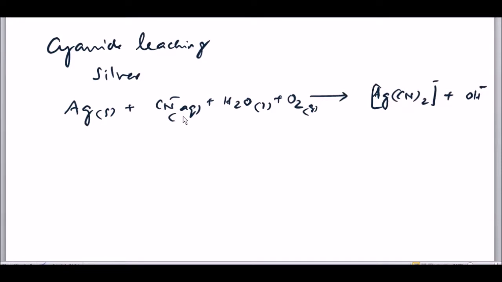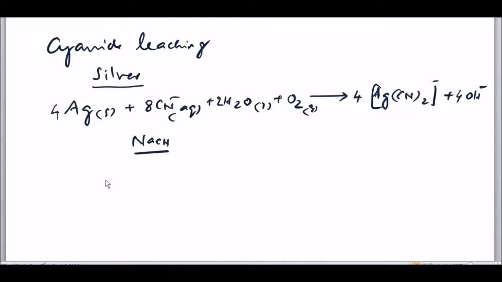So this is the procedure when silver is leached with the help of cyanide. In particular, the sodium cyanide solution is used. So silver is recovered and other impurities remain insoluble. To balance the equation, we can use the same idea: 4 times, this is going to be 8, and 2 times, here we will have 4 times, 4 times. So both silver and gold can be leached like this.